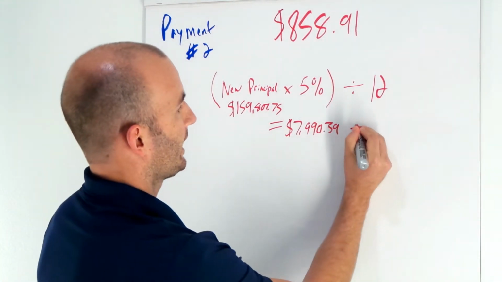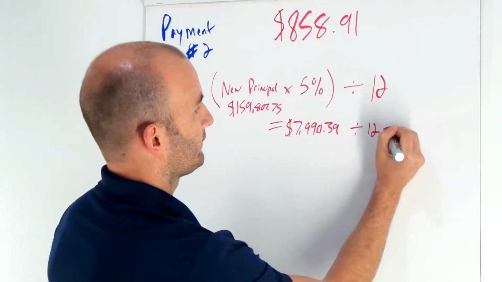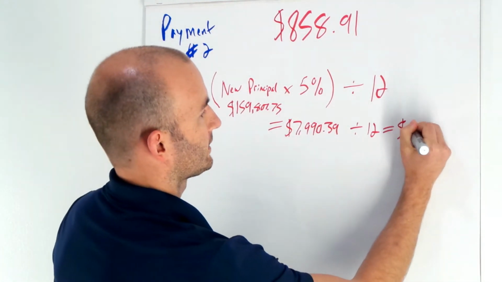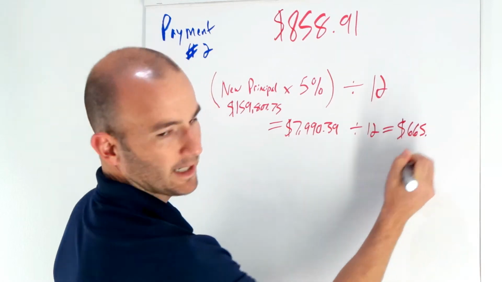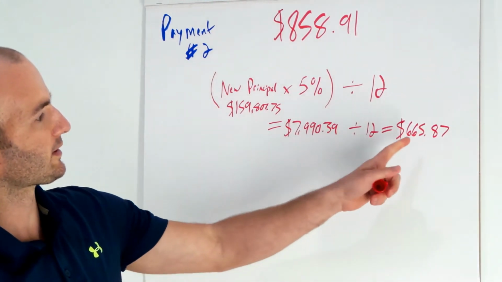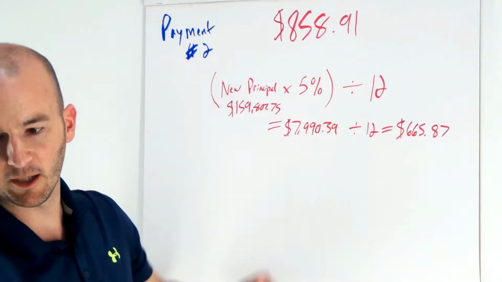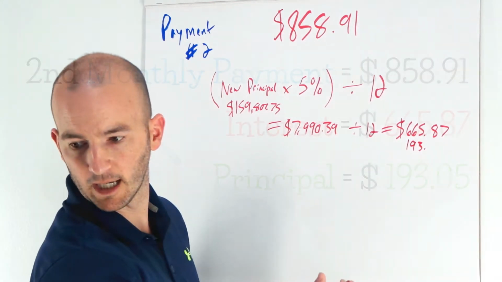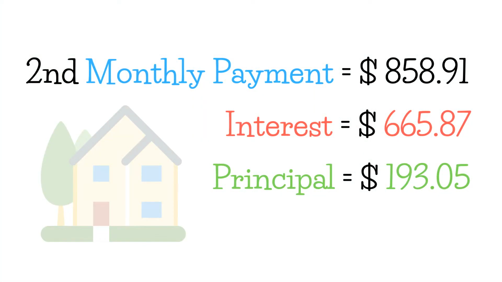We take this amount, we divide it by 12, and we come out to an interest amount on our second payment of $665.87. We subtract our interest from our fixed payment amount, and we know now that in the second payment we paid $193.05 towards our principal that month.